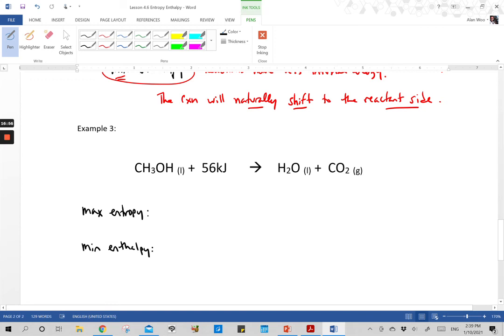On the reactant side, we have 0 moles of gas or aqueous, and on the product side, we have 1 mole of gas. Okay, in this case, carbon dioxide gas. So this is a combustion reaction. So you have a hydrocarbon, in this case, liquid methanol, and it requires heat to be added in order to form water and carbon dioxide. So based on the states in this equilibrium reaction, maximum entropy goes to the side of the products. So the product side is favored.